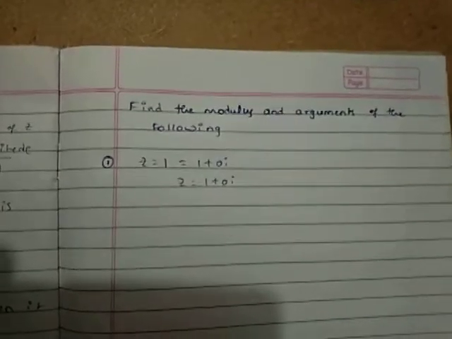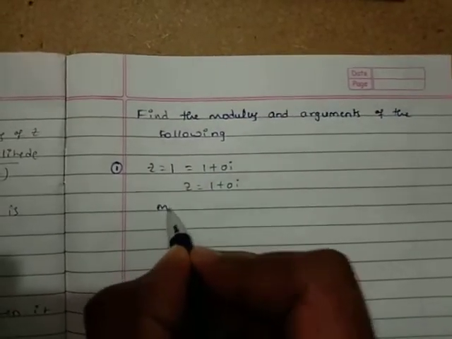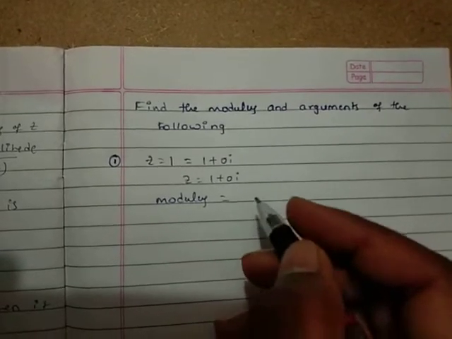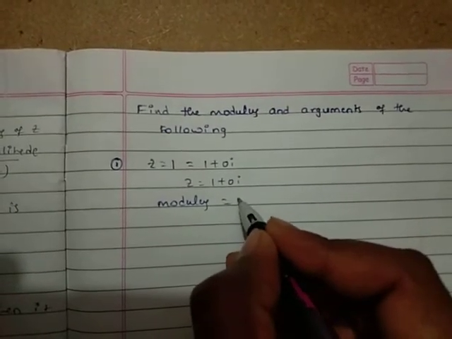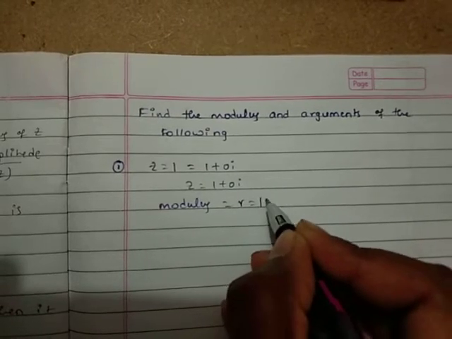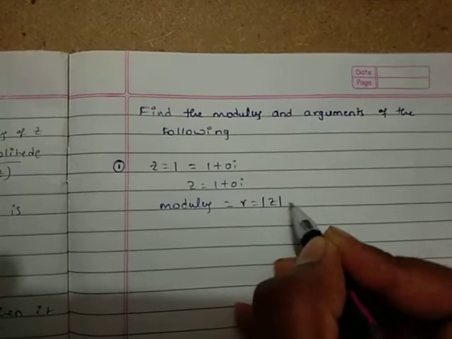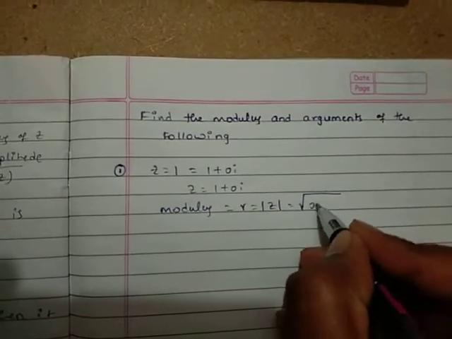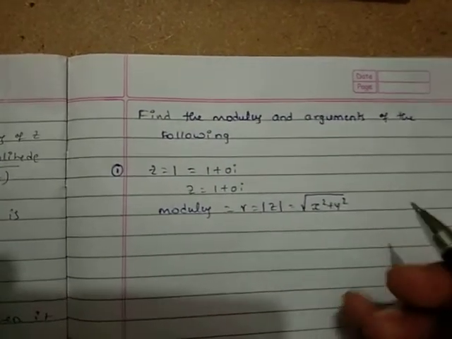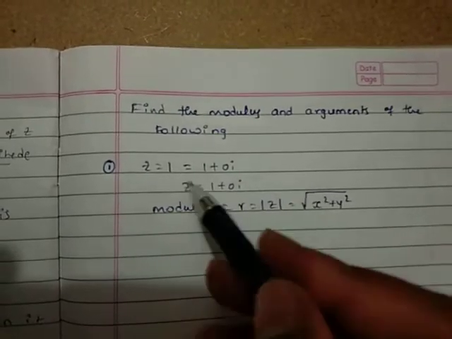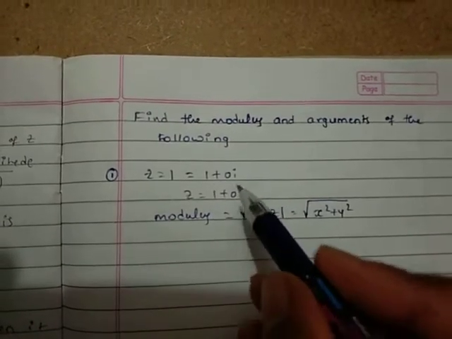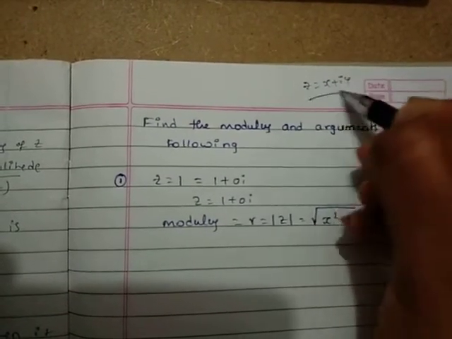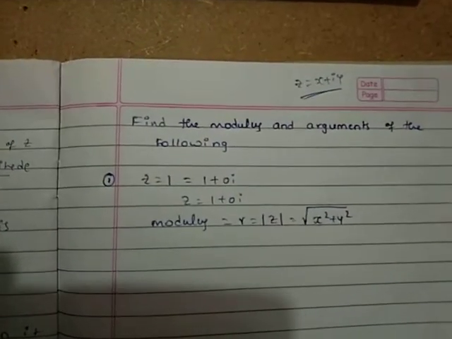To find the modulus, which we have discussed in the last video, the modulus is represented by r, and modulus of z is root of x square plus y square, or a square plus b square. Here x is equal to 1 and y is equal to 0, because z is equal to x plus iy, the representation of the complex number.